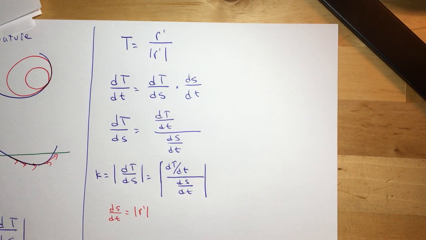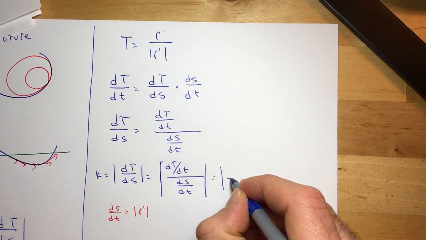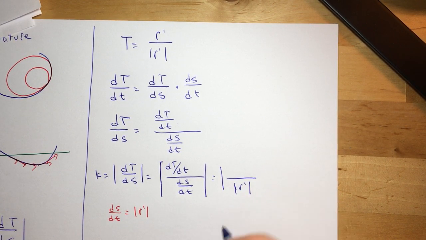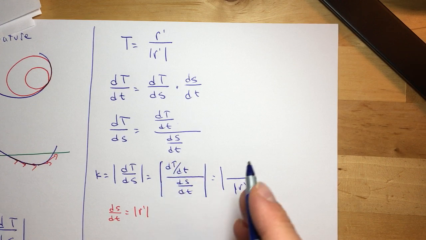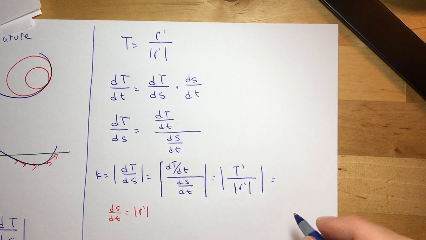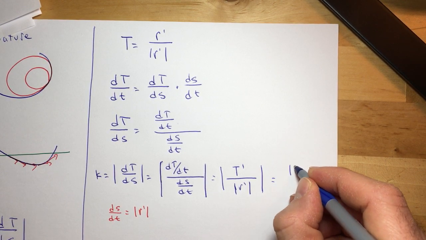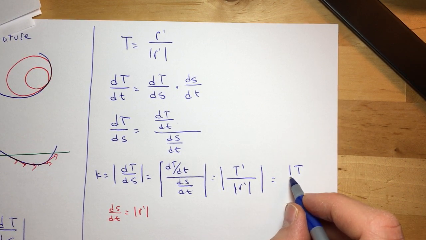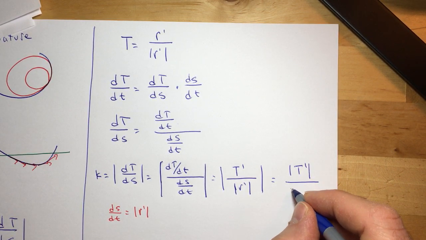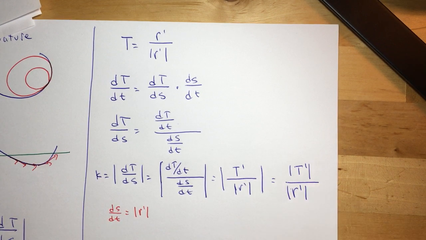So instead of ds/dt here, I'm going to write the magnitude of r prime. And dT/dt is the derivative of the unit vector with respect to t, so that's T prime. Finally, this can be written as the magnitude of the derivative of the unit tangent vector over the magnitude of r prime.